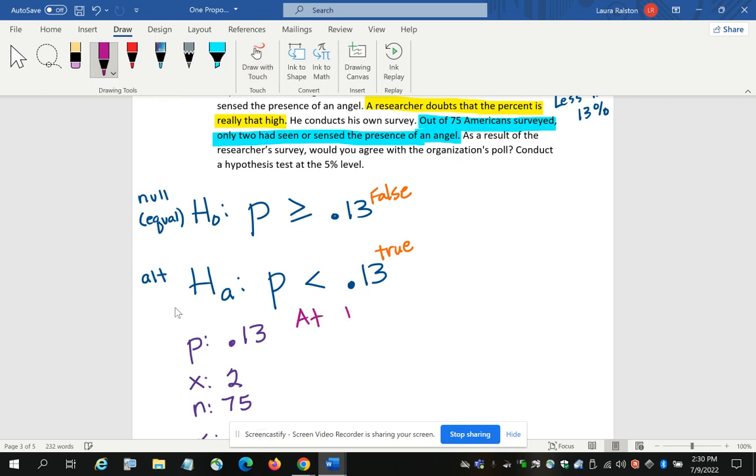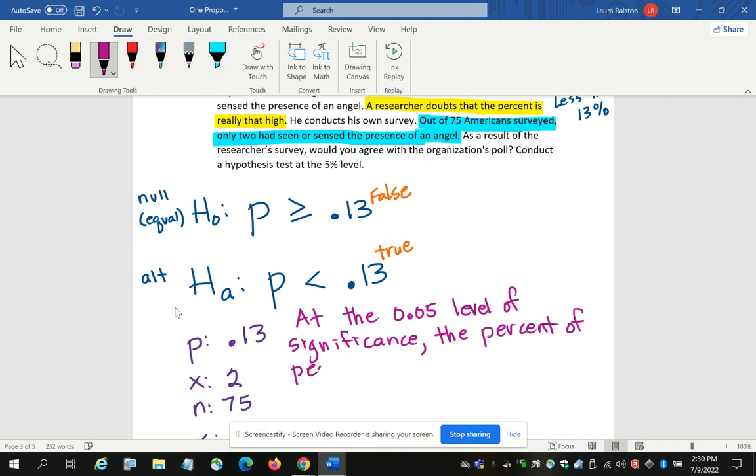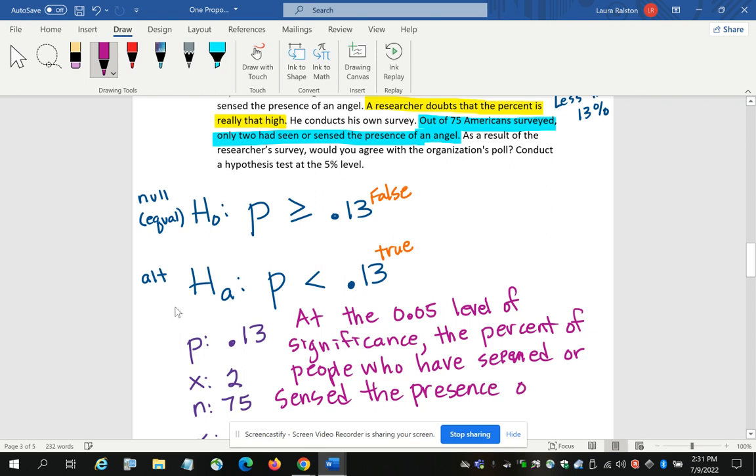We would say at the 0.05 level of significance, the percent of people who have seen or sensed the presence of an angel is less than 13%.